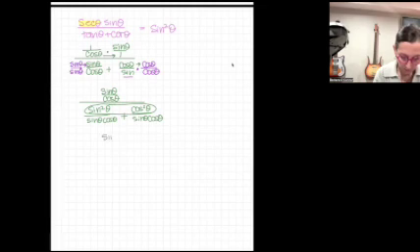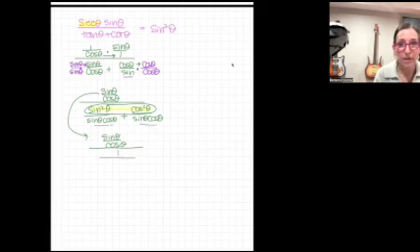So I'm just going to rewrite this numerator as is, sine over cosine, but I'm going to replace sine squared plus cosine squared with 1 over this common denominator of sine theta cosine theta.